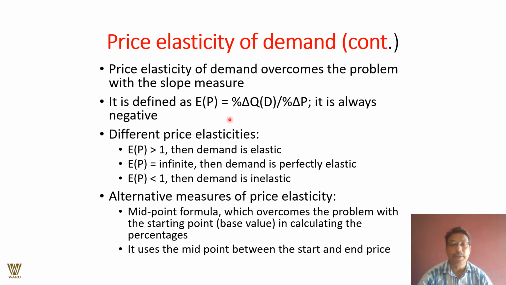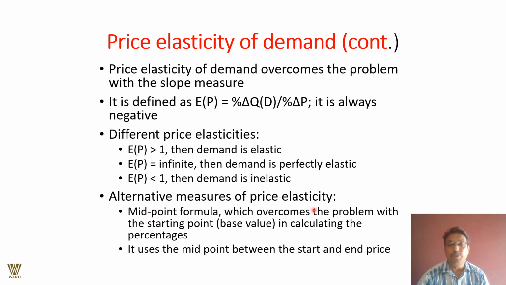Remember, this is what elasticity is all about. For different price elasticities: when the absolute value of EP is infinite, the demand is perfectly elastic. But when elasticity of price is less than one, the demand is inelastic. Whether the price goes up or down, there will be a steady demand which goes on and on.